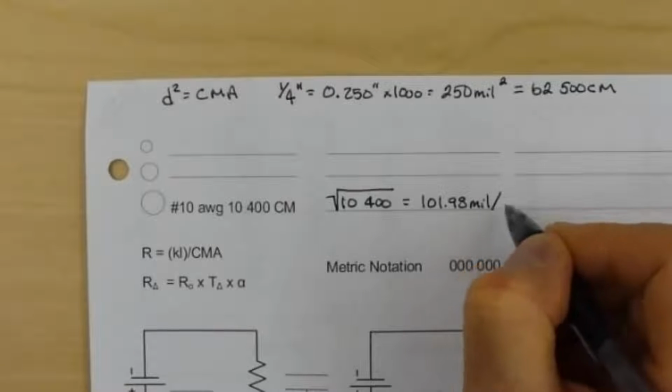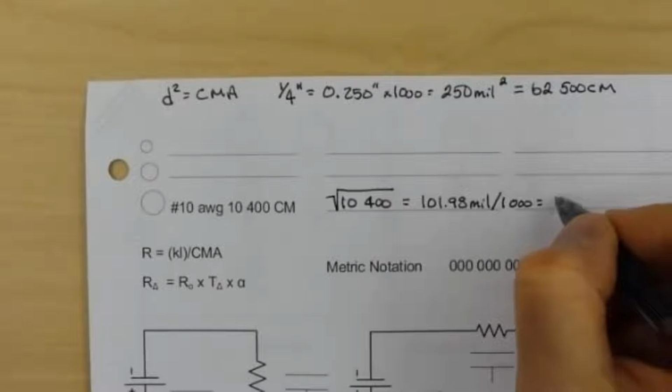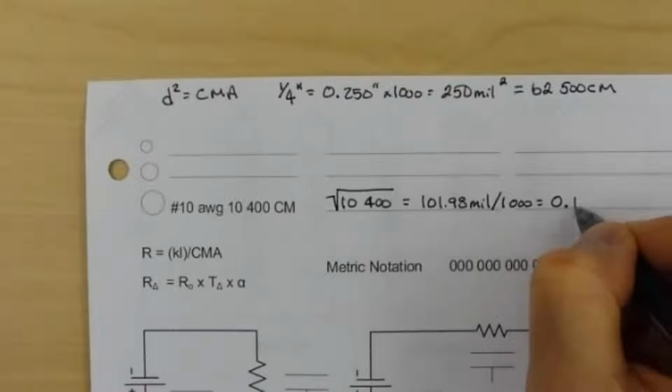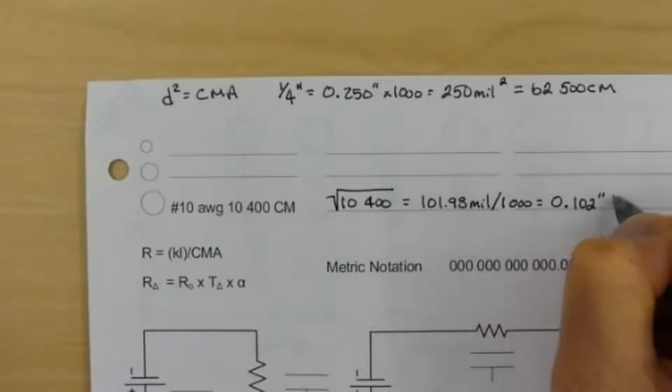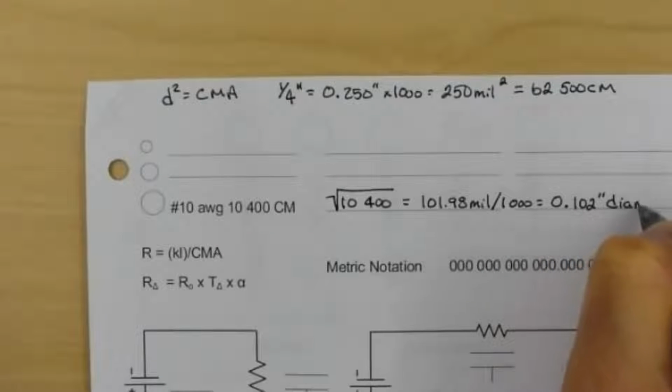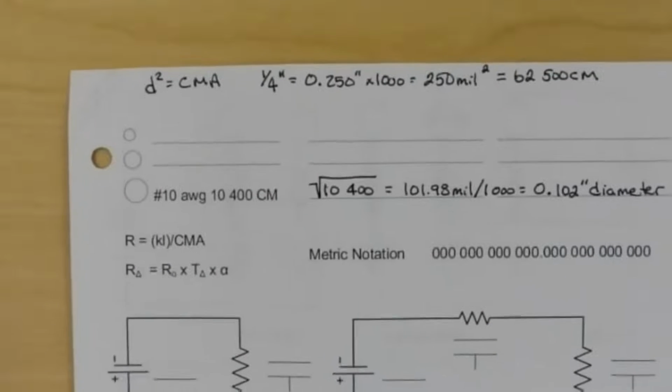We're going to divide that by 1,000. 0.102. Yeah, that's right. That's going to be the diameter of that wire.